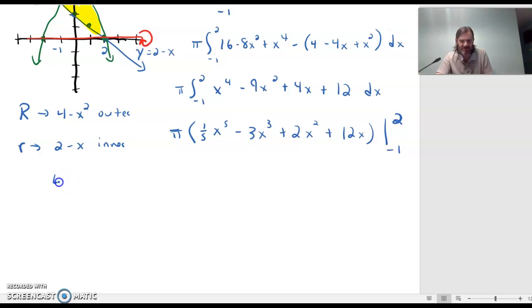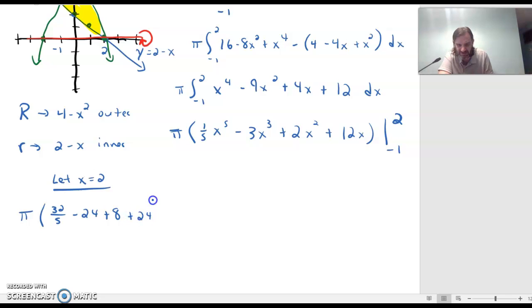Alright, so let's let x equal 2. The pi's out front. Plugging 2 into this, we're going to have 32 fifths minus 8 times 3, minus 24, plus 8, and then plus 24 again. So without hesitation, I'm going to throw out the -24 and the +24.